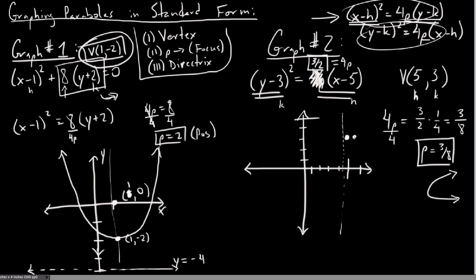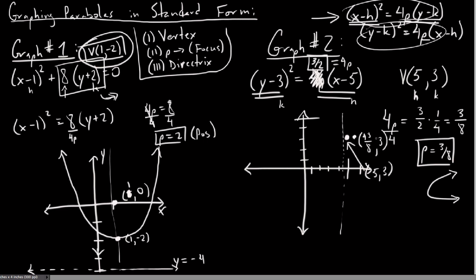So we've got a little deducing to do. If (5, 3) was our vertex, this is 3/8 units to the right, so this is 5 3/8, or if we convert this all the way to eighths, which I have a preference to do, 5 is 40/8 plus 3 more eighths, so we've got 43/8. This is entirely unnecessary for some people.